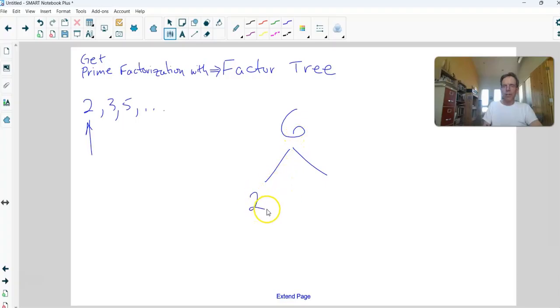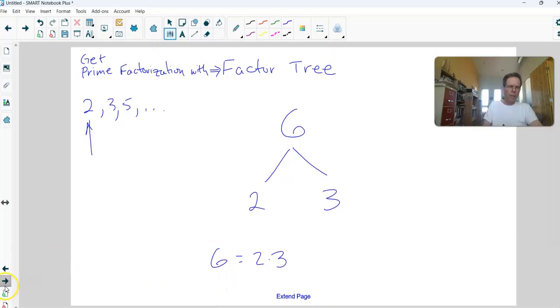And it does. 6 is even. 2 goes into 6, 3 times. So you can see on the end of these branches, these two numbers multiply to be the number above, 2 times 3. And notice that those branches now reach just prime numbers. We're done when the branches end with prime numbers. So that's how we know that 6 is 2 times 3.